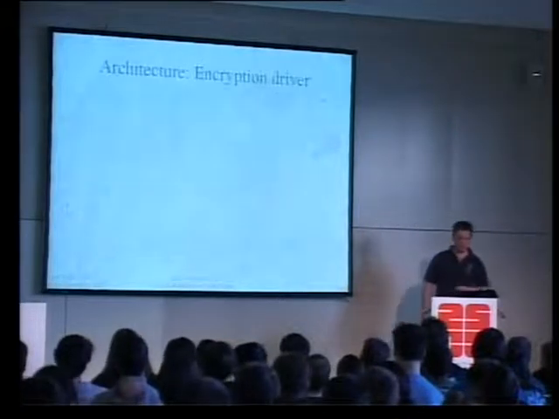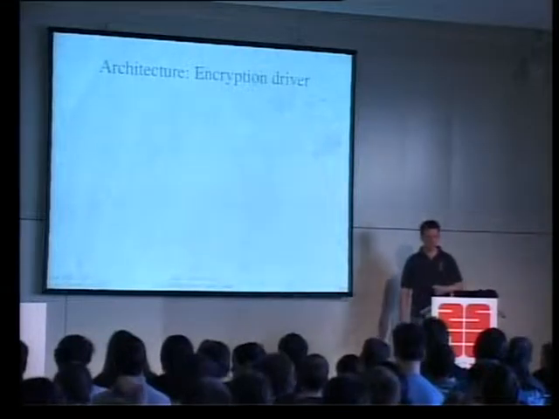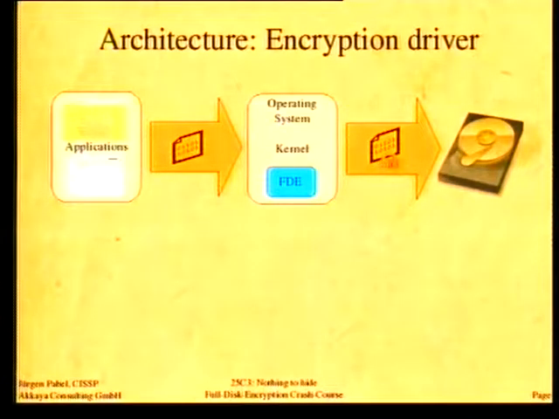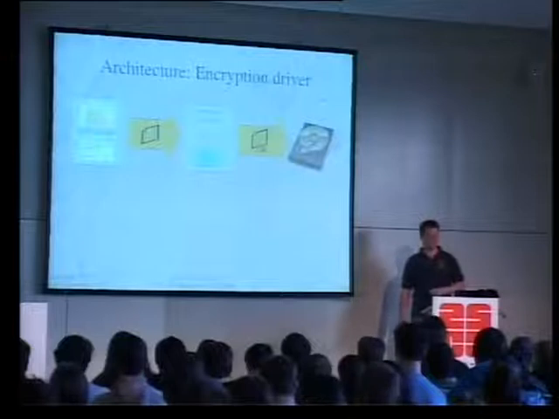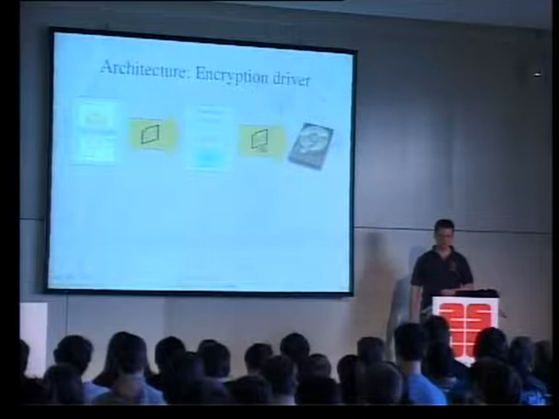Okay. So when Windows has started, it needs to access the disk and do the encryption. The way applications look at it is they just write to the file system, nothing different about it. The operating system kernel has a little component, the full disk encryption driver, that intercepts the data before it gets sent to the disk, encrypts it, and then sends it to the disk in encrypted form.